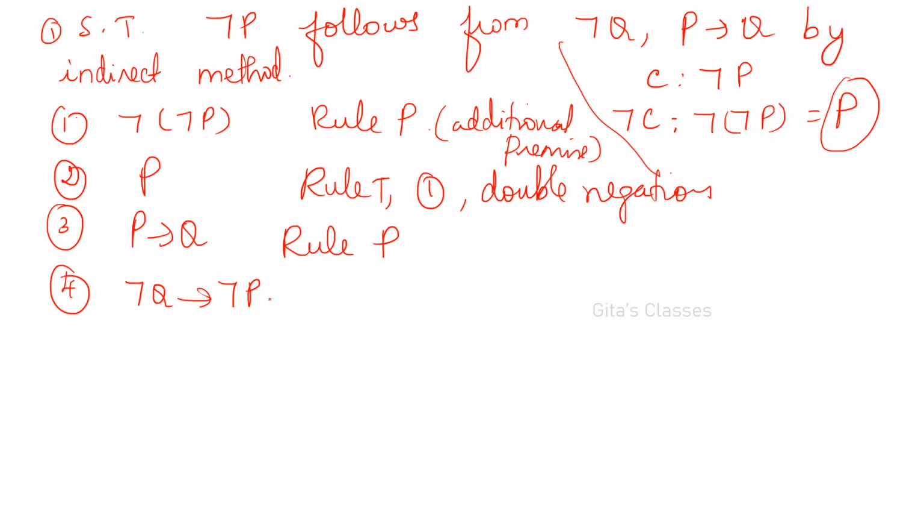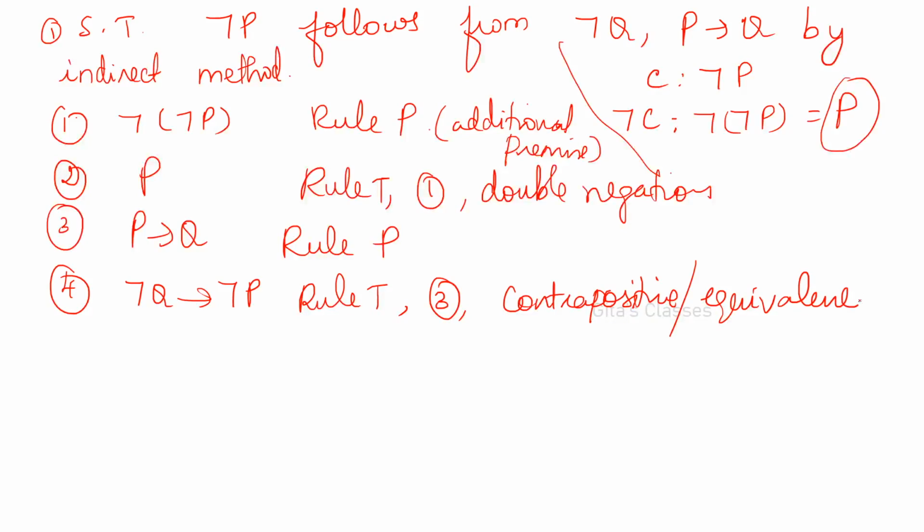So negation of Q conditional negation of P. So this is rule T. I have applied a formula. Contrapositive, I have taken the equivalent formula. Either you can write contrapositive or equivalence also you can write. Equivalence formula. And one more premise is not Q. I have introduced another premise, that is rule P.